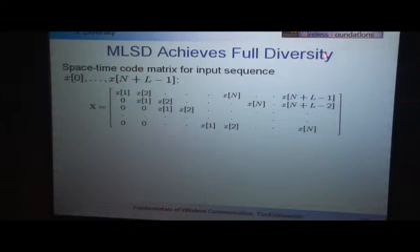And you can write it down. This is the space-time code matrix. So what does this mean? That means that if I send a particular input sequence, then the space-time code matrix corresponding to that sequence for that particular scheme is this.